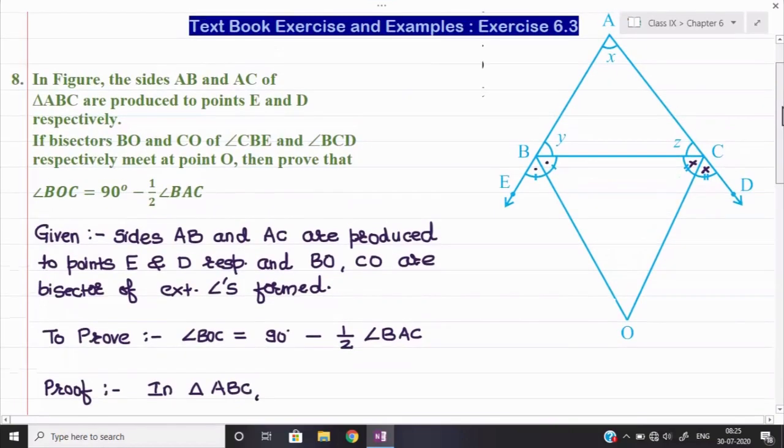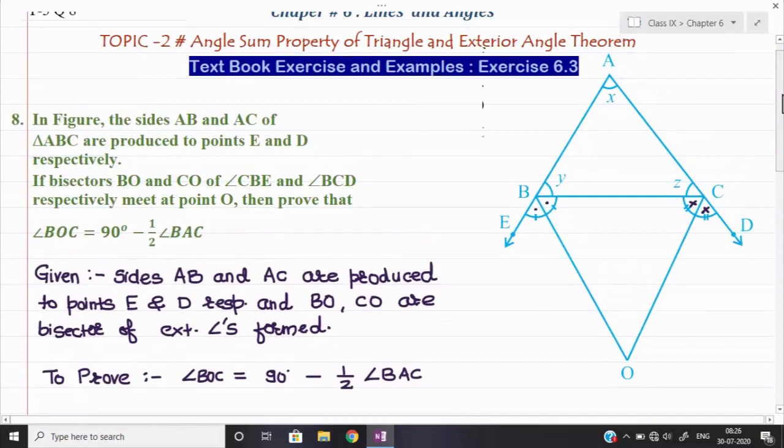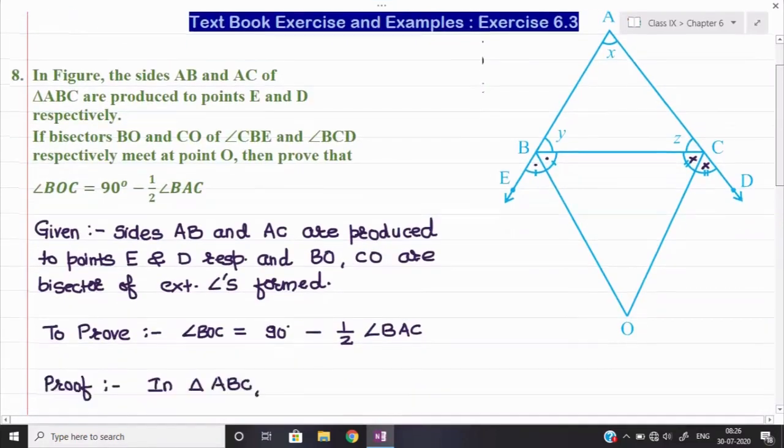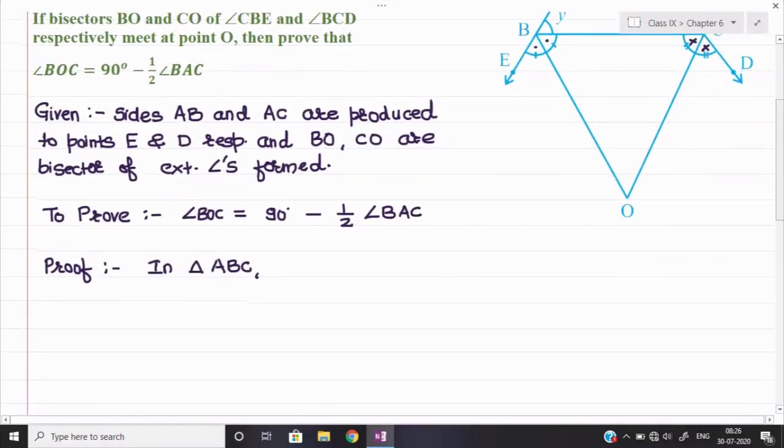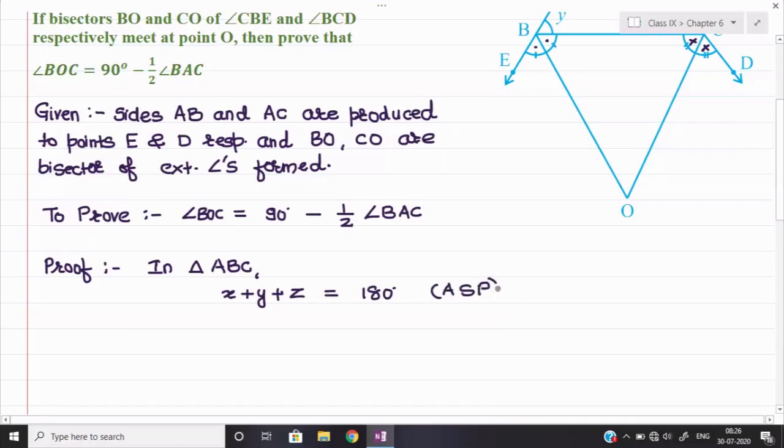Observe, one angle is angle A, whose value is given here as X. The second is angle B, given here as Y. And the third is angle C, given as Z. Because the question is a little longer, we shall write the values directly: X plus Y plus Z is equal to 180 degrees, with the help of the angle sum property.